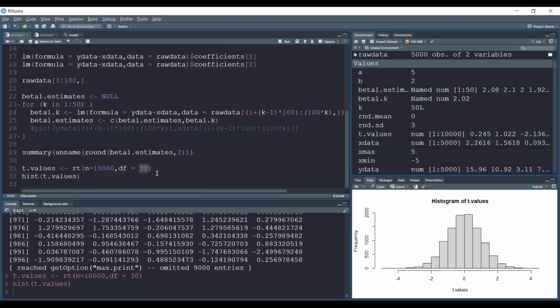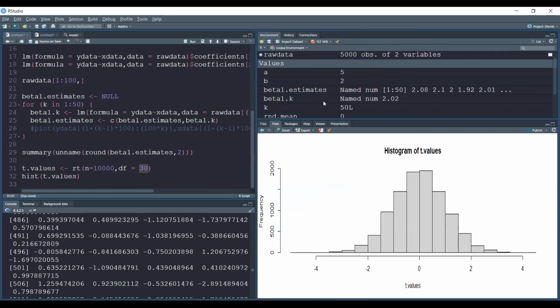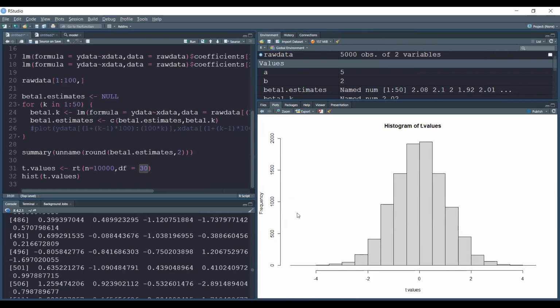Now, can we do the following? Let me just think about this for a second. What I would like to discuss, so that you get an idea of how hypothesis testing is performed.